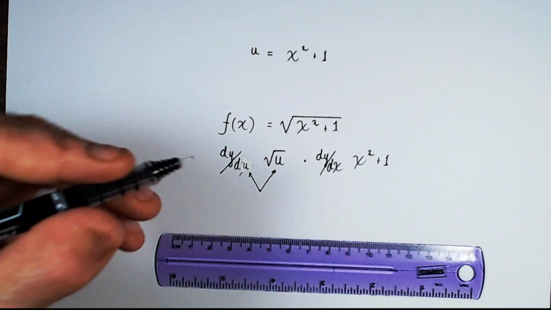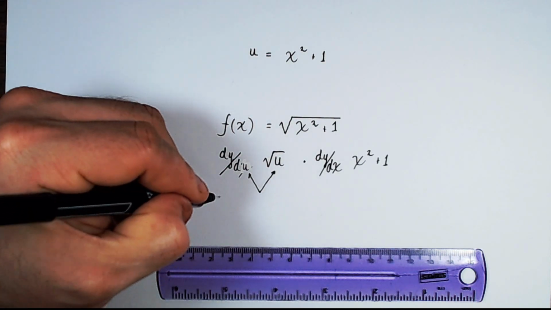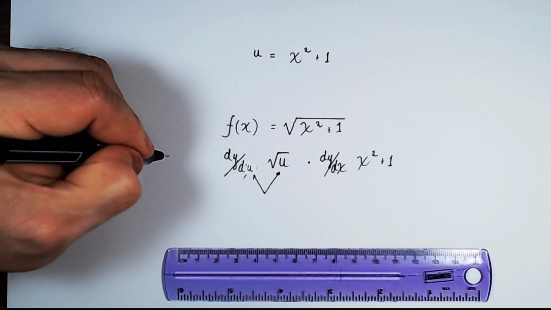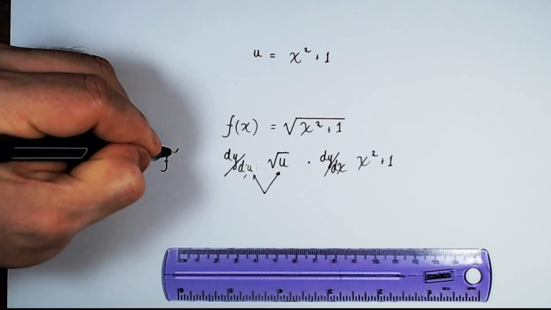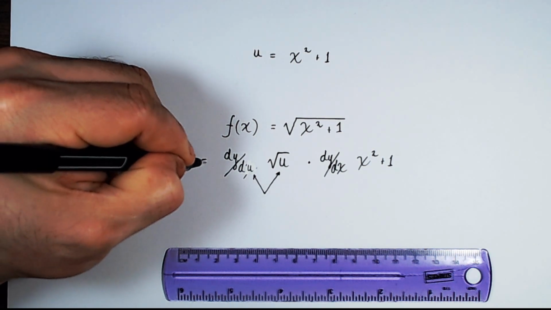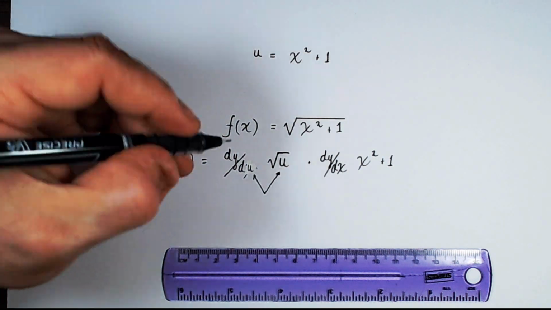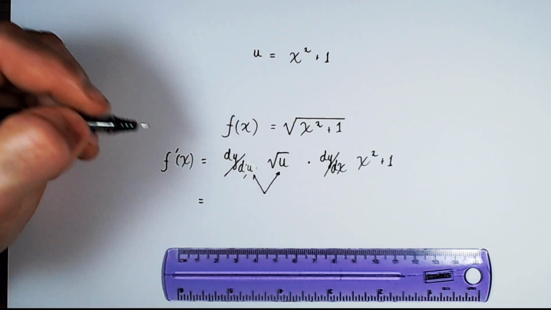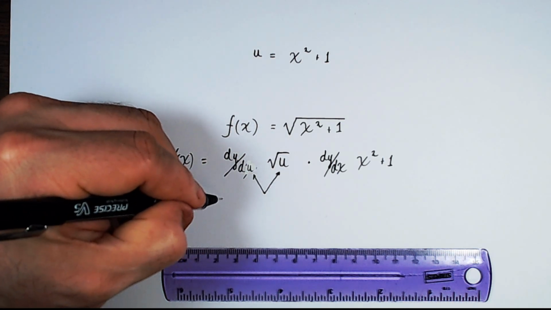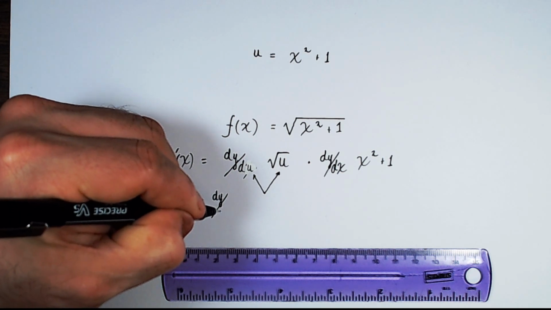So the key here is to remember, if I'm actually taking this f prime x equals that, the square root of u is also u raised to the power of 1/2.